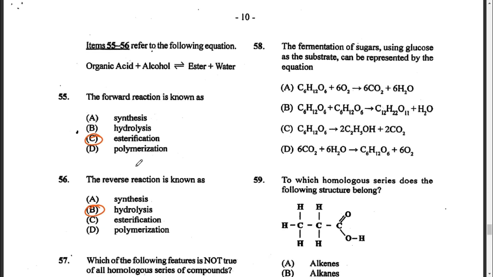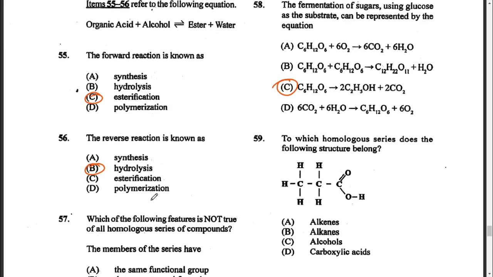So glucose is converted to ethanol and carbon dioxide in the absence of oxygen. So that is anaerobic fermentation. This has oxygen, that's aerobic. This is a monomer, two monomers reacting to form a dimer. And this is carbon dioxide plus water. This is photosynthesis. So this would be the answer.